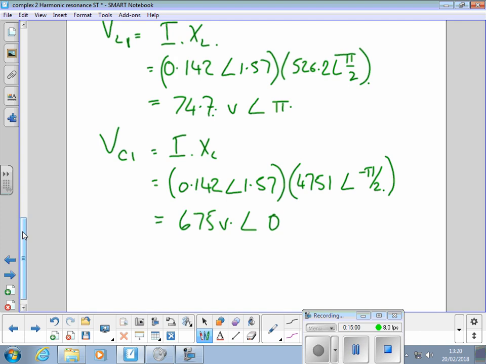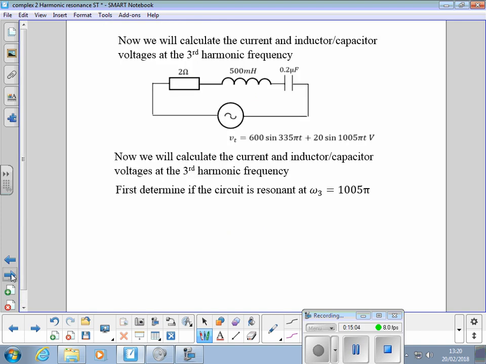Okay, so moving on to the next page, we'll calculate the current and inductor and capacitor voltages at the third harmonic frequency. First, determine whether the circuit is resonant at omega 3 equals 1005.